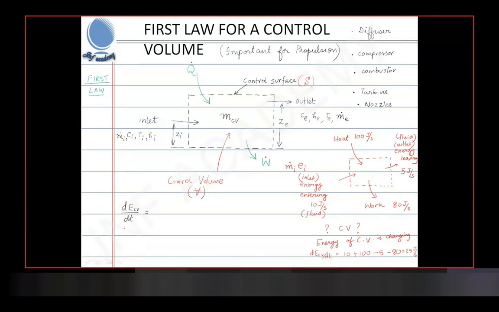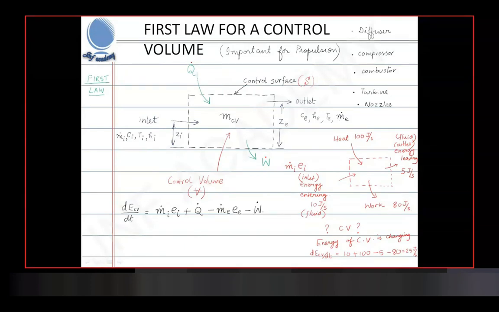The rate of change of energy of the control volume is the rate at which energy enters in terms of the fluid plus the rate at which heat is entering the control surface minus the rate at which energy is leaving through the fluid minus the rate at which work is done.